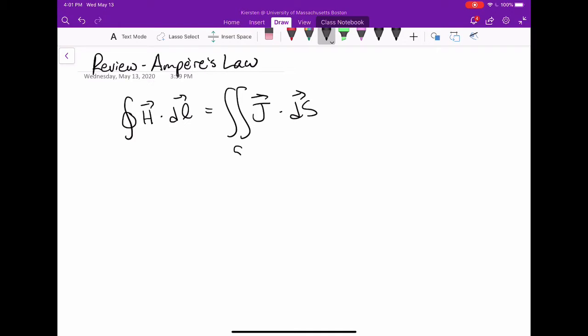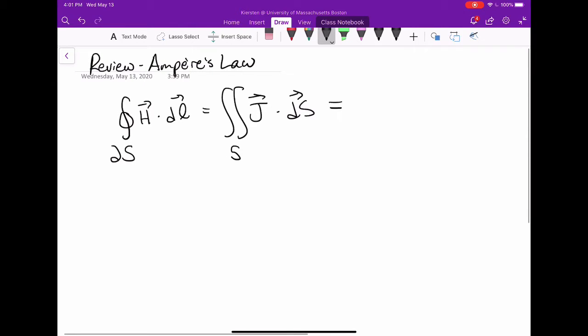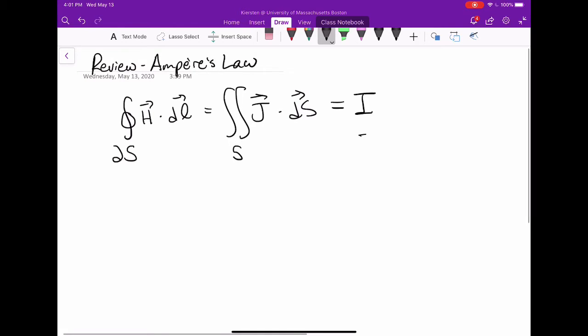So if the surface's name is S, that boundary is little delta S. That surface is the boundary of S. You can also write this as just equal to I, the total current through the surface.